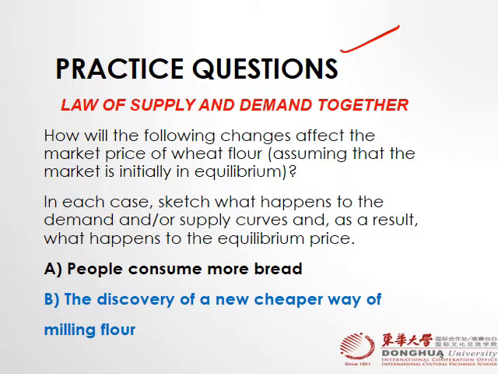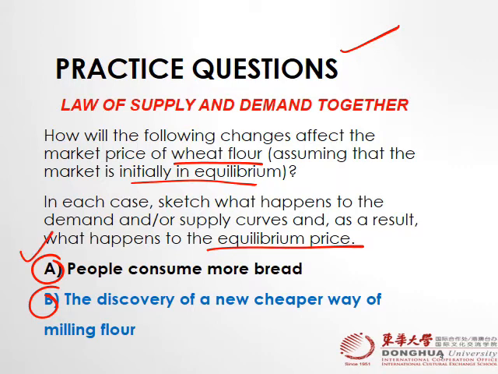How will the following changes affect the market price of wheat flour, assuming that the market is initially in equilibrium? In each case, sketch what happens to the demand or supply curve, and as a result, what happens to the equilibrium price. Part A is that people consume more bread. Second, the discovery of a new cheaper way of milling flour.